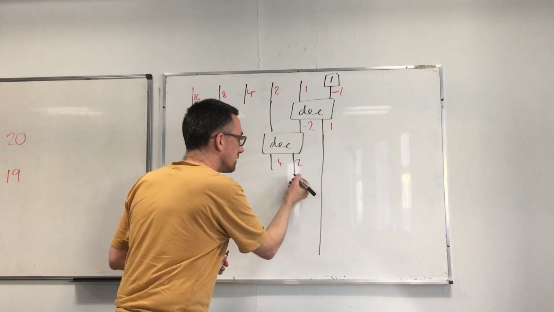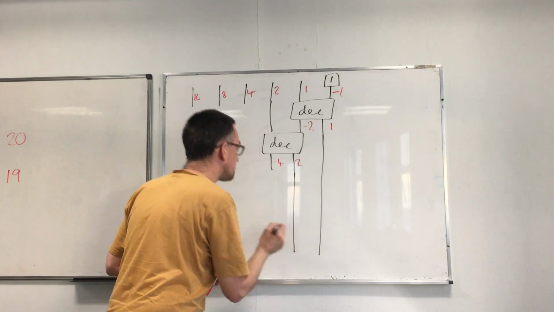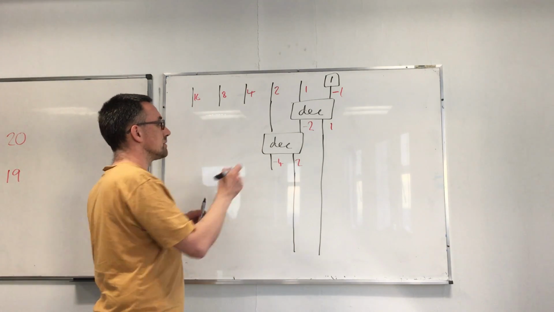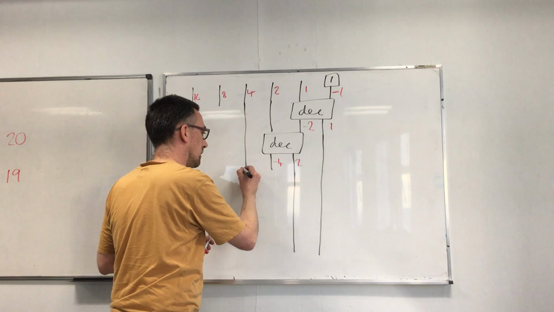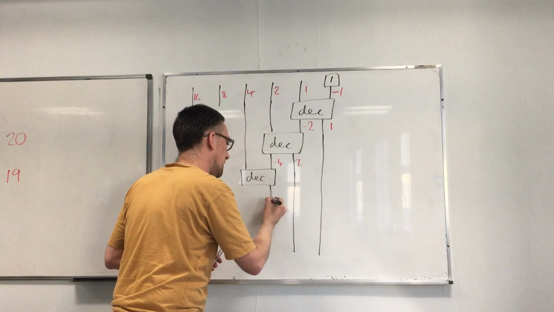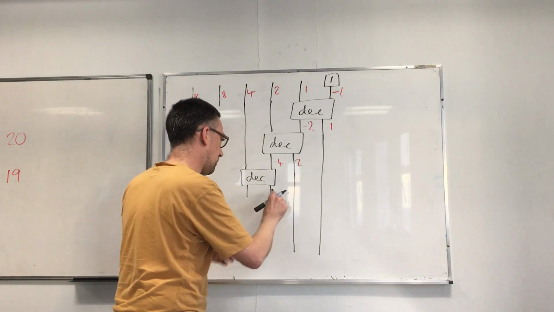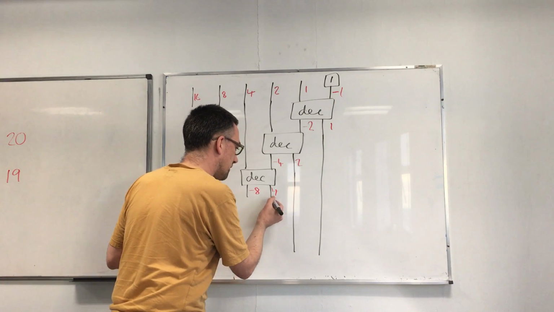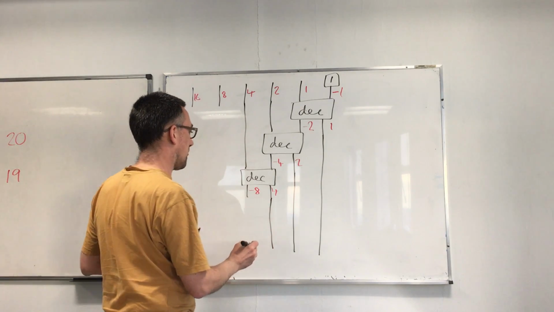And now we have the 2s for the answer. Now we have a 4 and a -4, so going again, stick in one of Desmond's decrementers, and out come a 4 and a -8. And now we have the 4s for the answer.